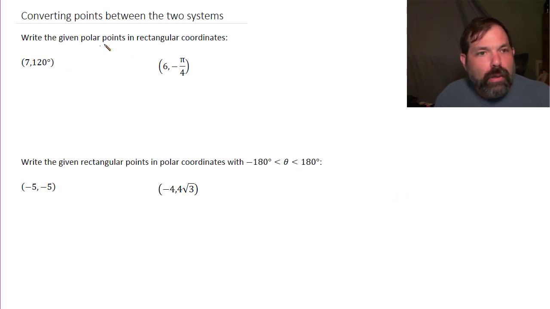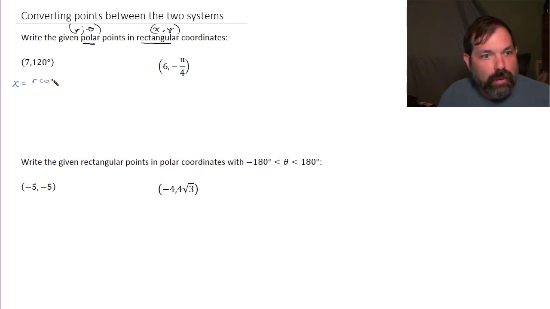So here, practice, let's convert points between the two systems. We're going to write the given polar points in rectangular coordinates. So we're given r and theta, and we need x and y. If we're given r and theta to find x and y, then x is equal to r cosine theta.